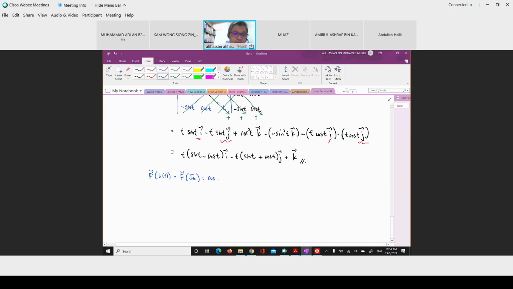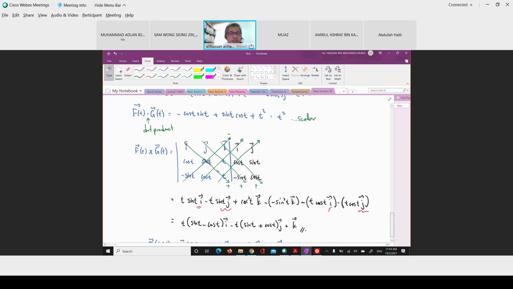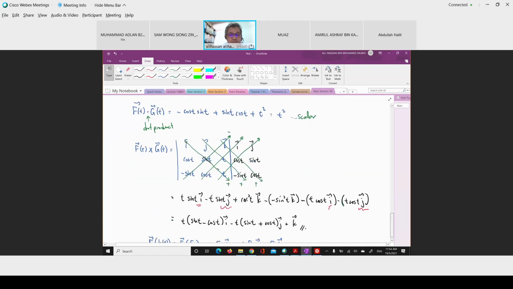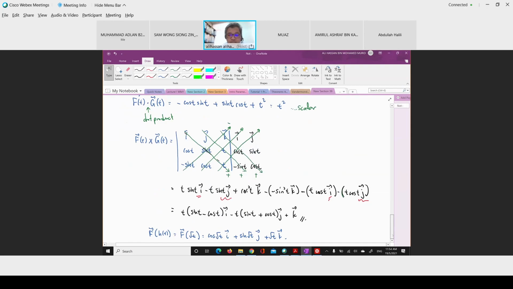So we have cosine square root t i, what else? We have sine square root t j, and then plus square root t k. So in the vector function f of t, we replace each t by square root t. So that is the result here.